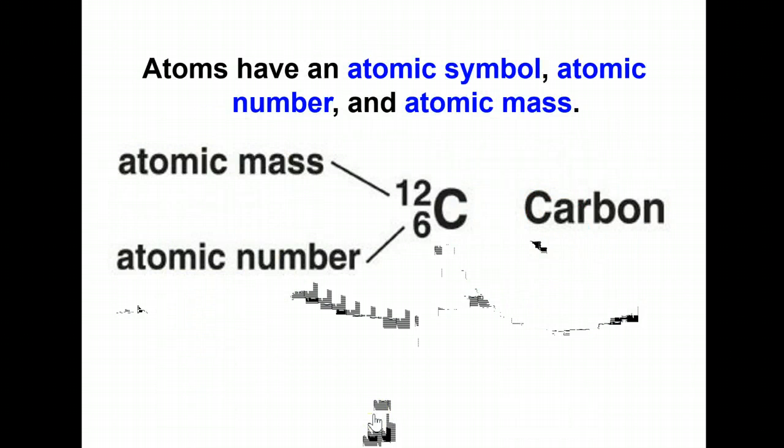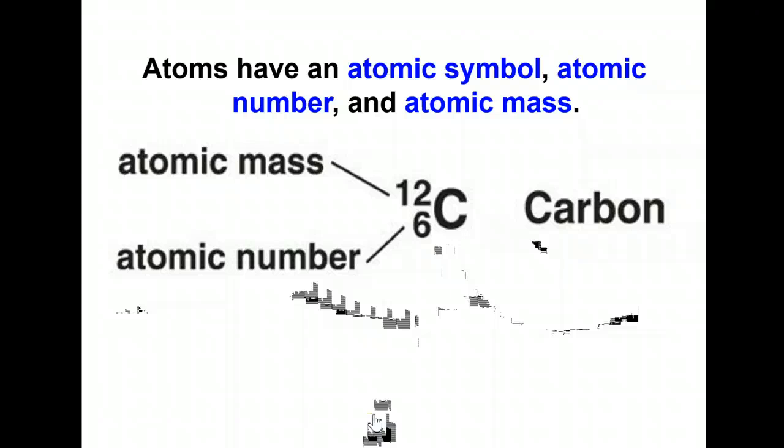Using carbon as an example, let's define some additional terms with respect to elements and atoms. The atomic symbol for carbon is given by the letter C. The top number by the symbol C is the atomic mass, which is the sum of the protons and neutrons in the nucleus.